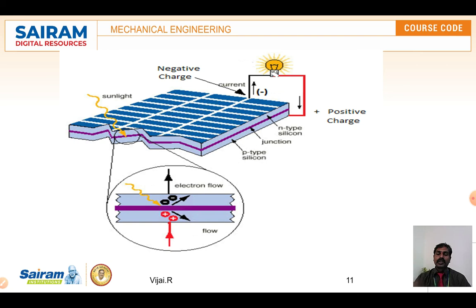So when a light ray, a packet of energy, falls on this plate, it gets absorbed by the n-type silicon, and electrons can be produced. The valence electron tries to move from one place to another.